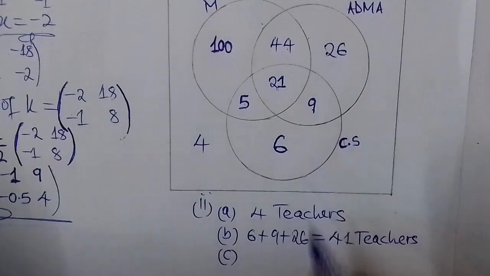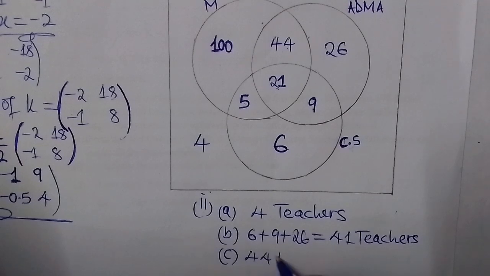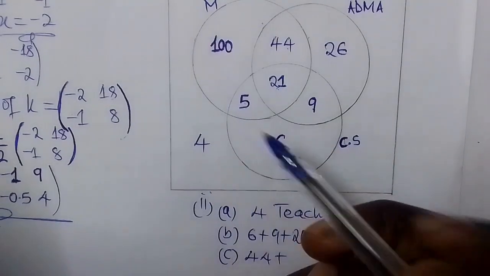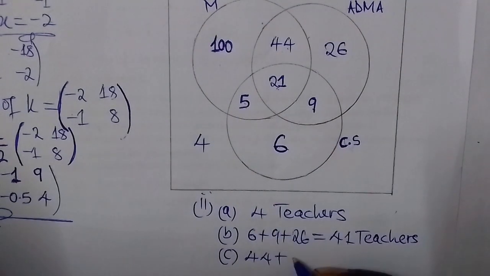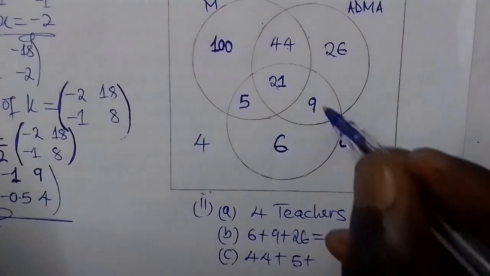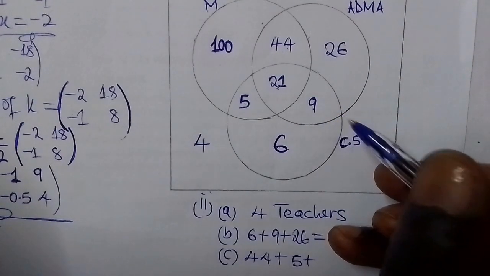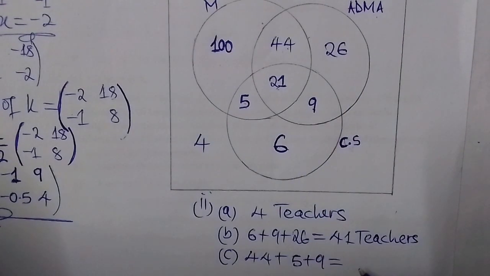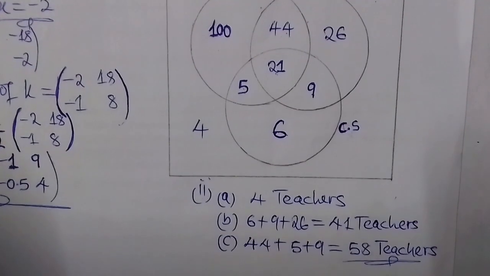So we're going to add 44 plus 5 here represents the teachers who taught mathematics and computer studies. So 9 shows the teachers who taught additional mathematics and computer studies. All this is equal to 44 plus 5 plus 9 gives 58. So this is 58 teachers. And this is the answer for the last part.